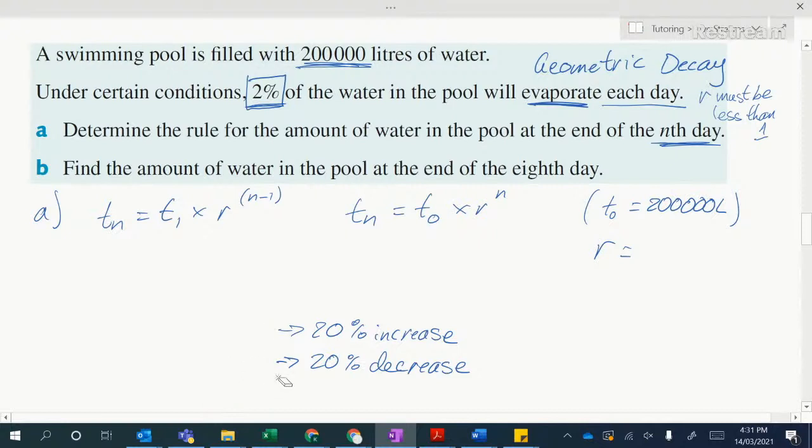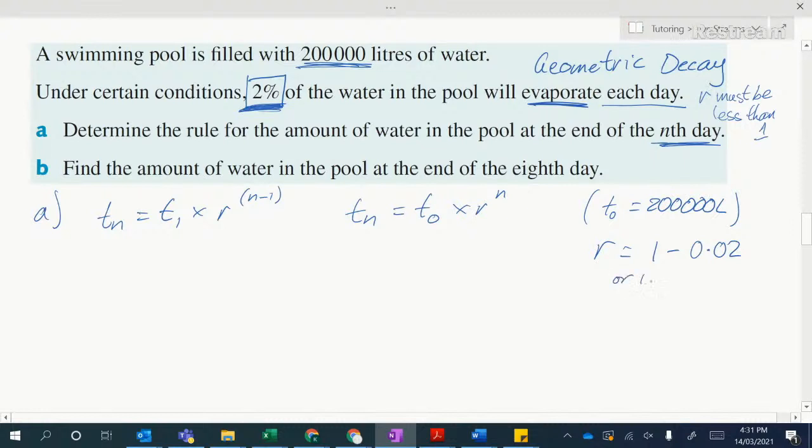Now I'm telling you all this because our R value then needs to be, if we're trying to represent a loss, a decrease of 2%, then I need to make my R value this, like that, or 100 minus 2% if you prefer. So in this case, my R value is going to be 0.98.